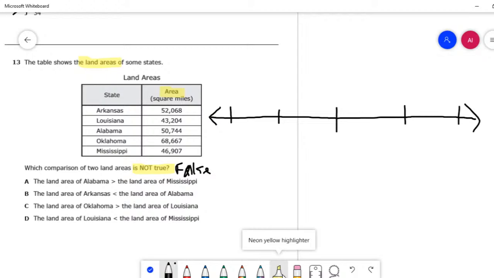When comparing the values of different numbers, especially when the numbers are this large, what we want to do is go place value by place value. We want to start at the largest place value and go to the smallest. In this case, all of these numbers have 5 place values: a ones place, a tens place, a hundreds place, a thousands place, and a 10,000s place.